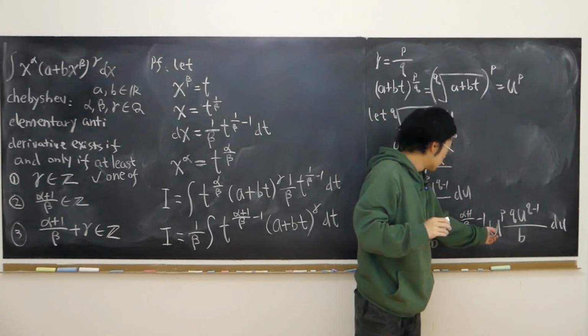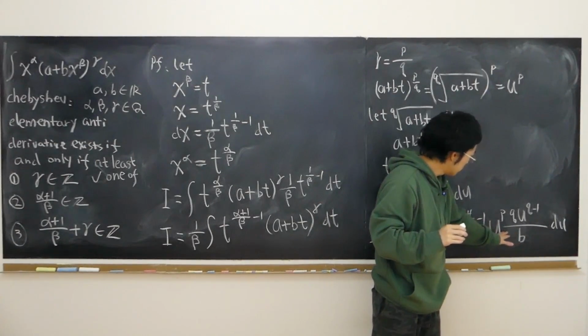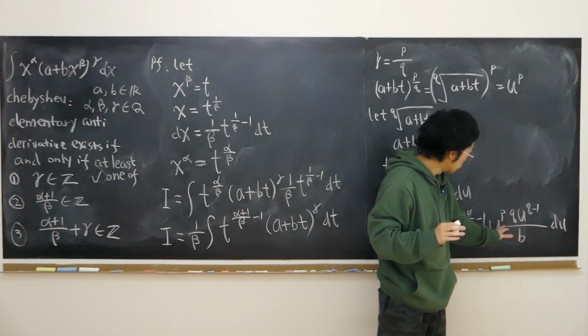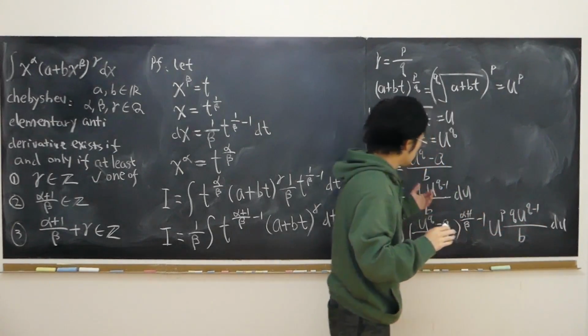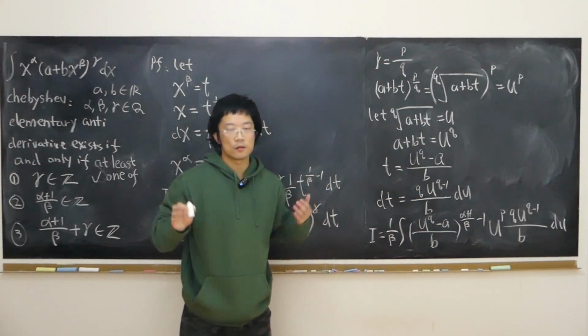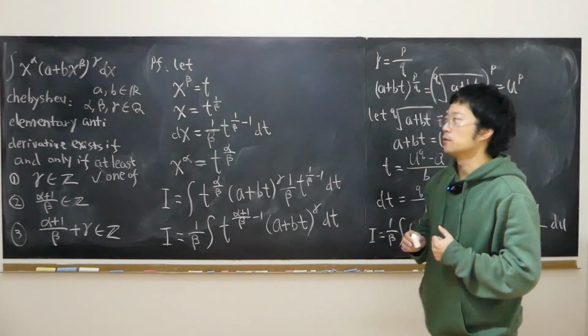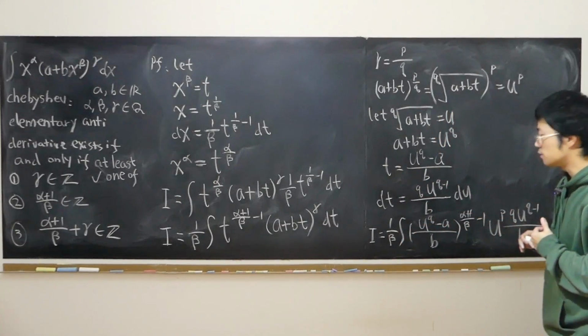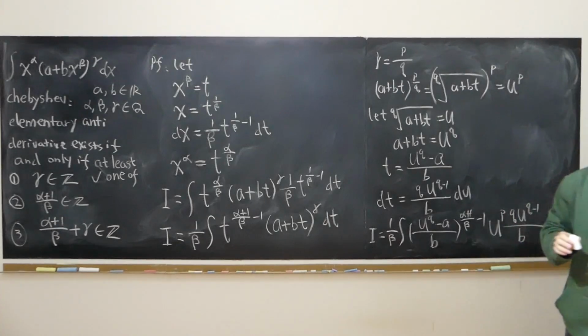And times u to the p, that's just a polynomial. Times b times q times u to the power of q minus 1, that's still a polynomial. So when you multiply everything together, it's going to either become a polynomial or a rational function in terms of u. So this is fine. Again, it's easily solvable in terms of finding its antiderivative.